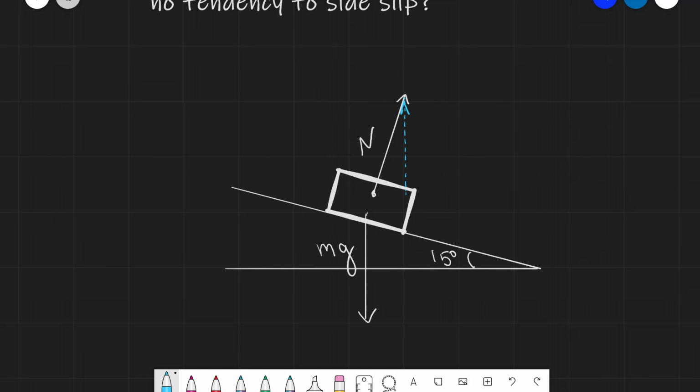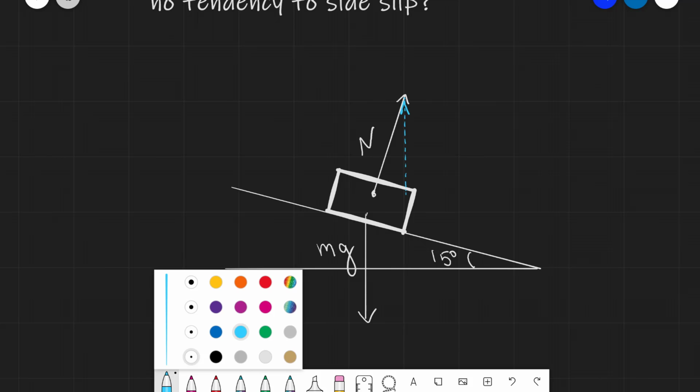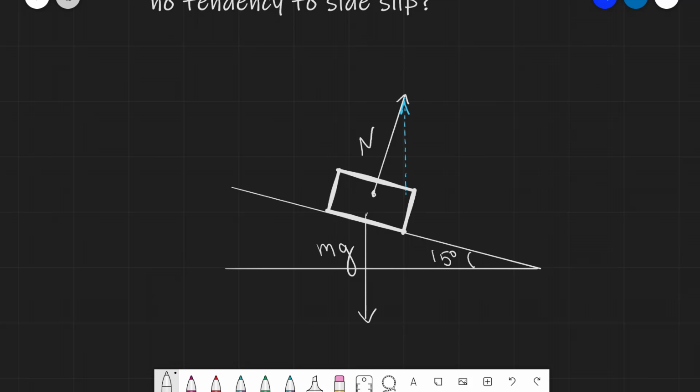In fact, I could even write down that, let's say the y component of n, ny, will be equal to mg. So because our car is not falling, it is not side slipping either, then mg will have to equal this blue vector ny.